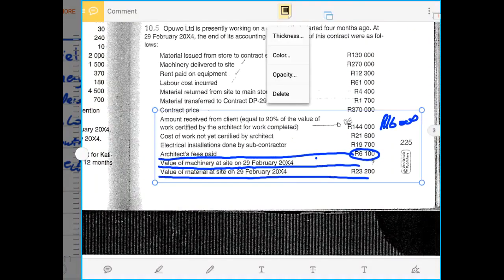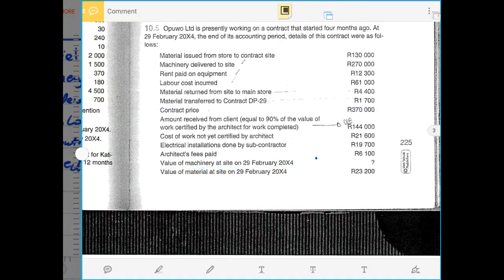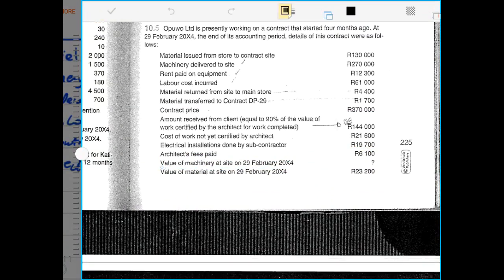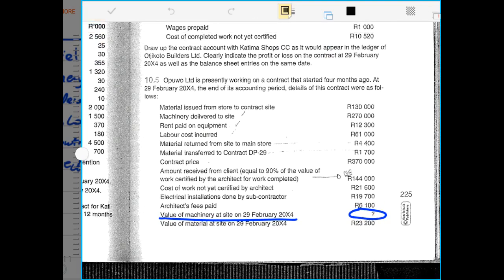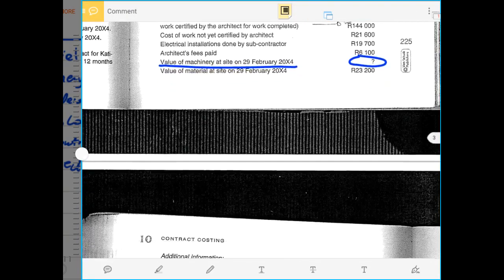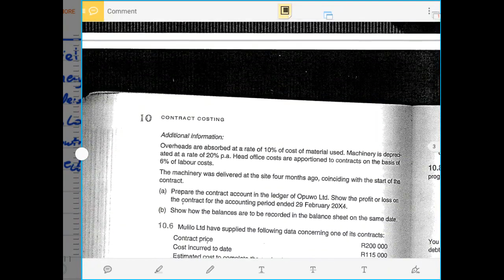Let us take this into account immediately before we go to others. So we're just checking how to record the rest. So now we have the value of the machinery by the end of the period. We don't know how much the value of the machinery is, and we are not given the depreciation. How is it calculated yet? Let us check from the bottom if there is any information regarding the depreciation.